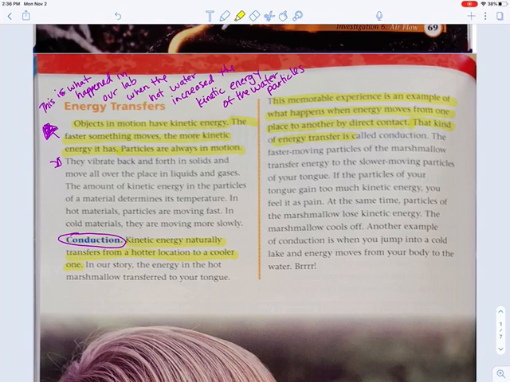That kind of energy transfer is called conduction. So right here, this kind of answered our circle, and we now have a better idea of what conduction is. So I'm actually going to put a star next to this to help make sense of it.